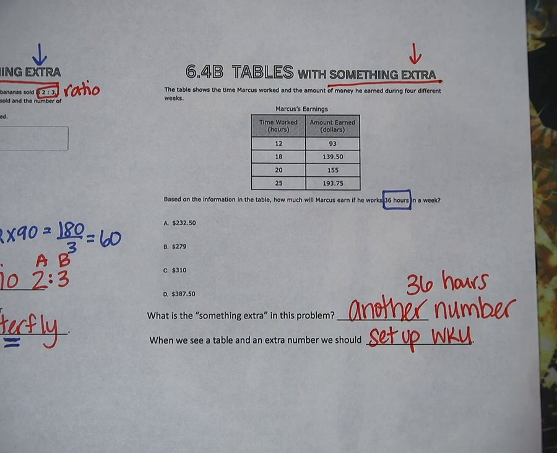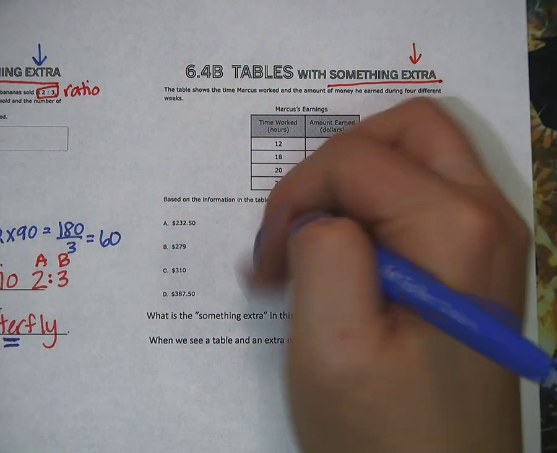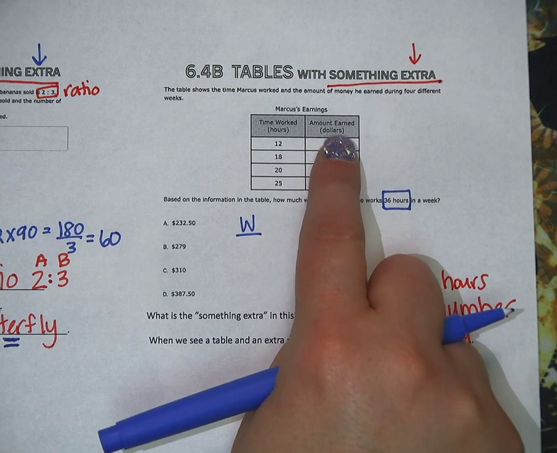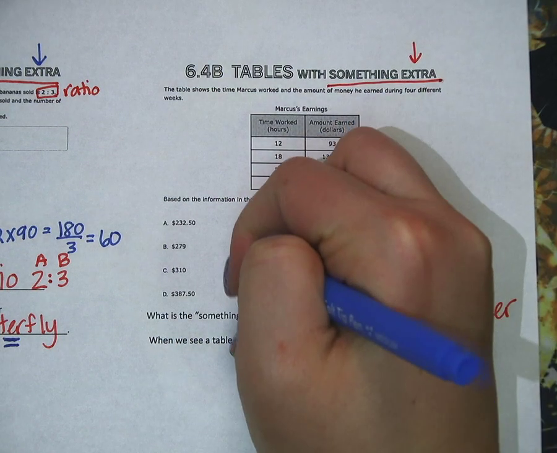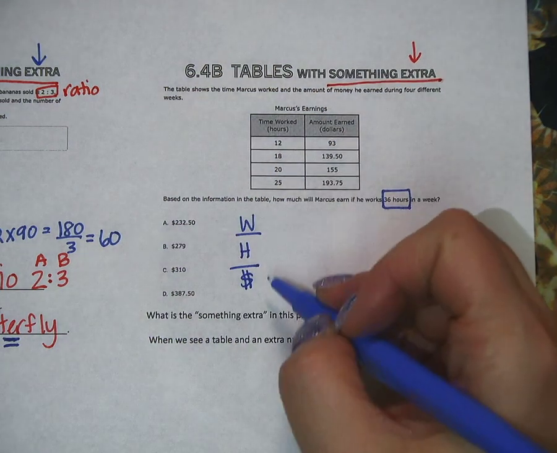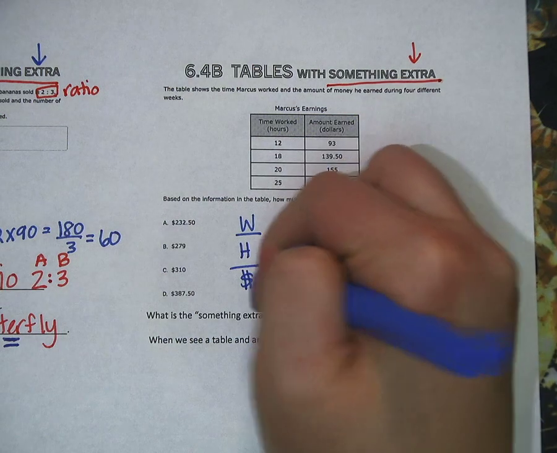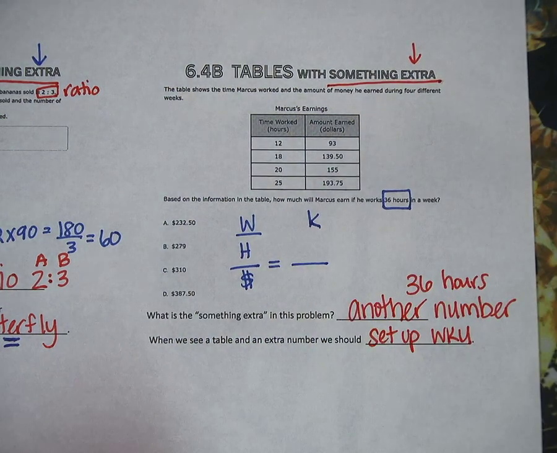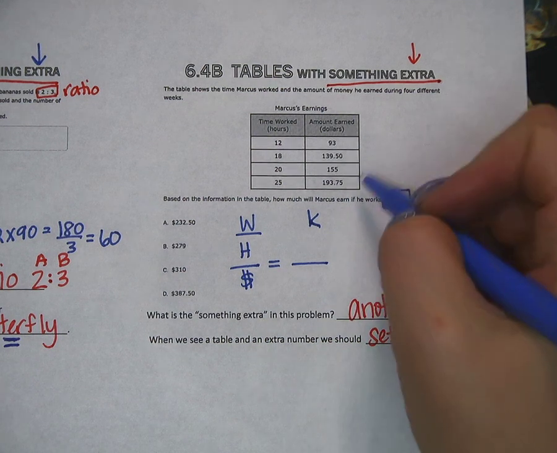First, we always start off with our words. Our words for this problem come straight from our table. We have hours and dollars. So I have hours over dollars, and I just put them in the same order they were in. And then our K, what do we know? Well, we know the table, so I am going to just pick a piece of the table.